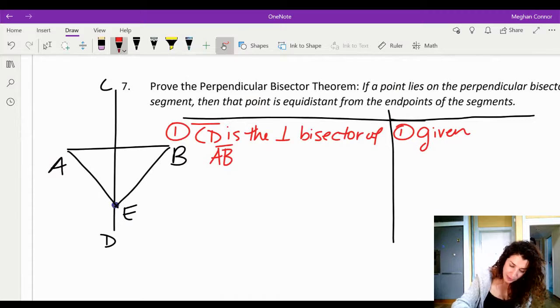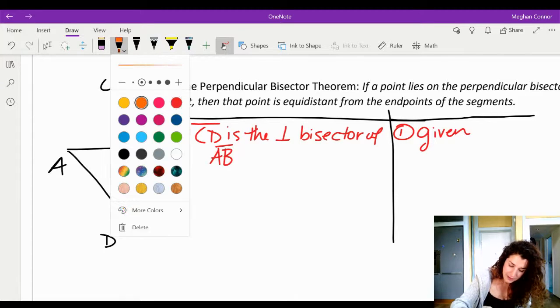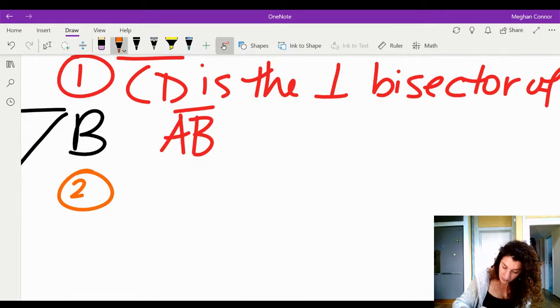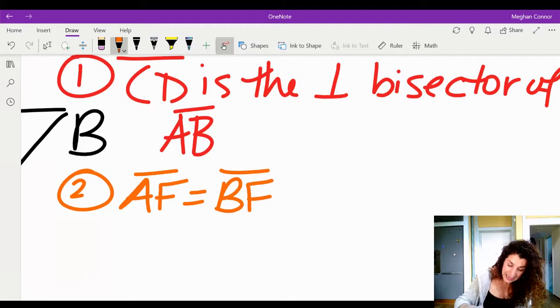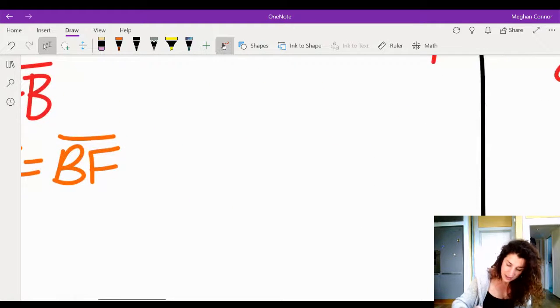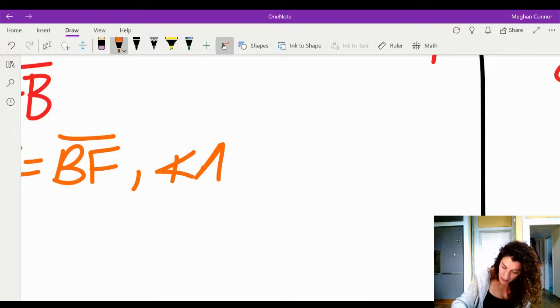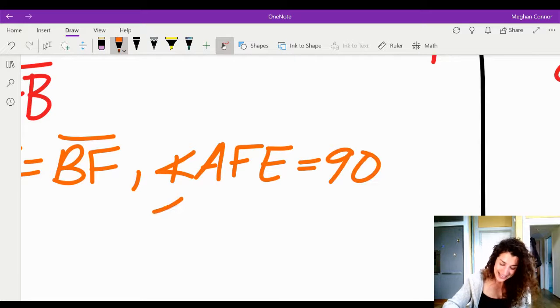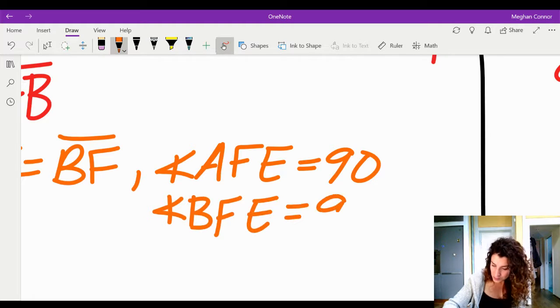I'm going to label this point right here as F. And I'm going to say AF equals BF. And I'm also going to say that angle AFE is equal to 90 degrees and angle BFE is equal to 90 degrees.